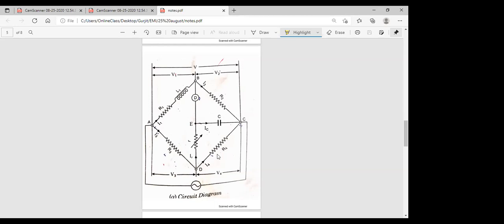Here we have R4 resistance, R3 resistance. So this is the diagram of the Anderson bridge.